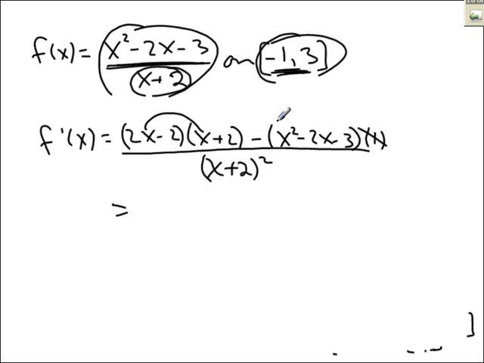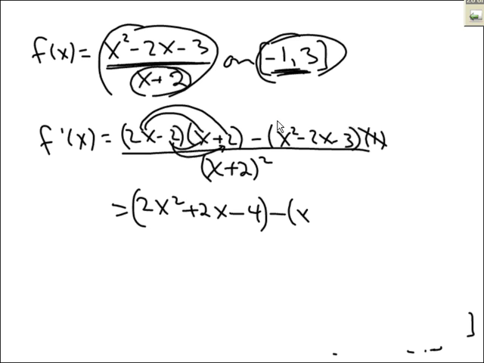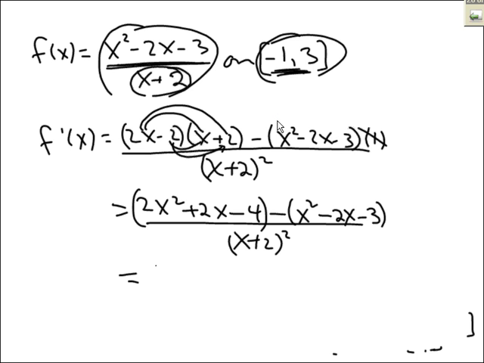So you have 2x squared plus 4x minus 2x is 2x minus 4. And from there, you are going to take away an x squared, a negative 2x, a negative 3. And that all gets divided by x plus 2 squared. So you have x squared plus 4x minus 1 over x plus 2 squared.